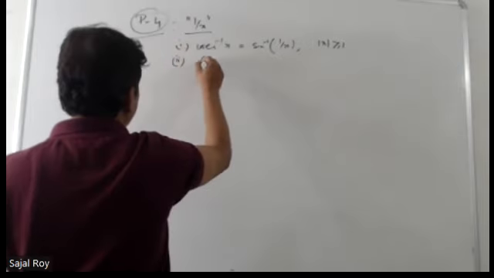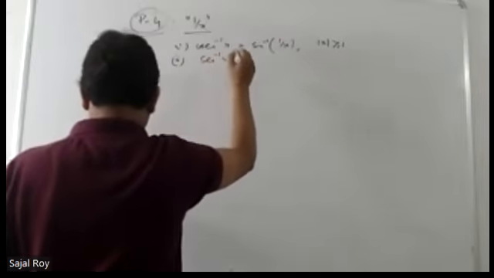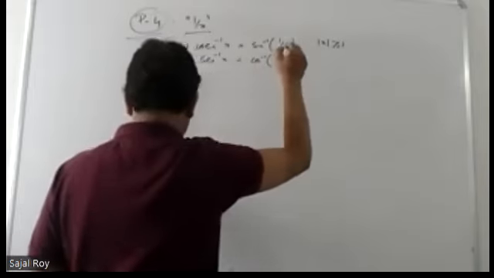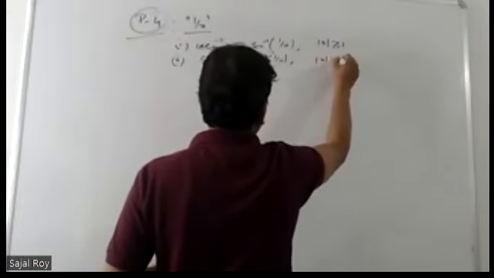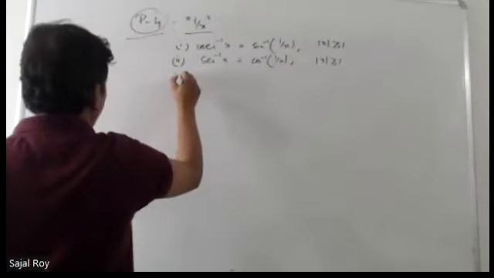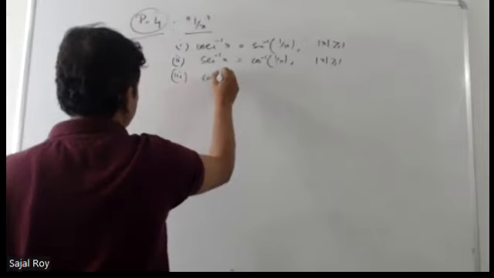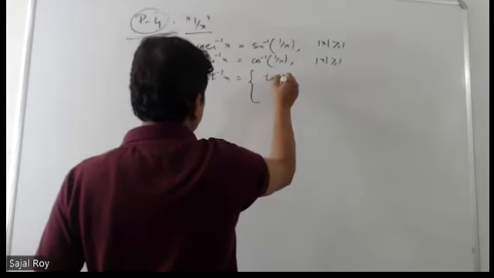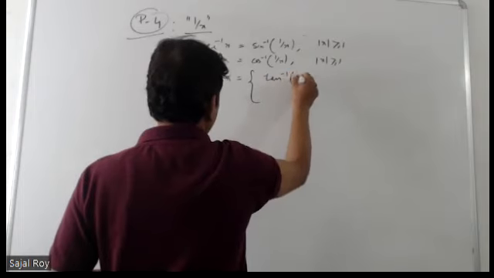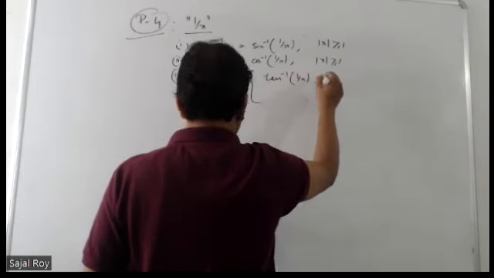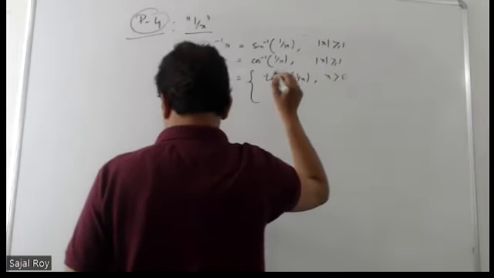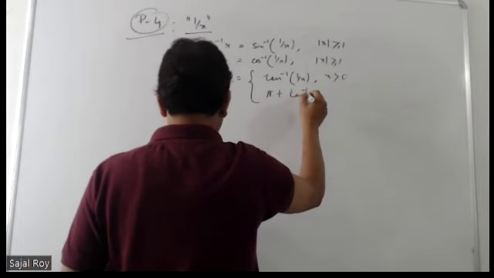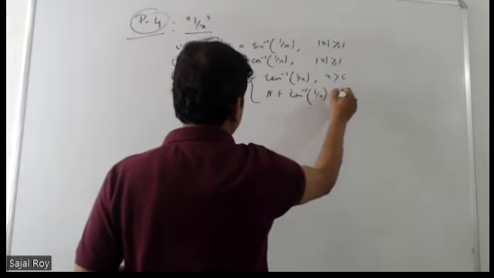You have sec inverse x equal to cos inverse of 1 by x, mod x greater than or equal to 1. You have cot inverse x equal to tan inverse 1 by x if x is more than 0, and pi plus tan inverse 1 by x if x is less than 0.